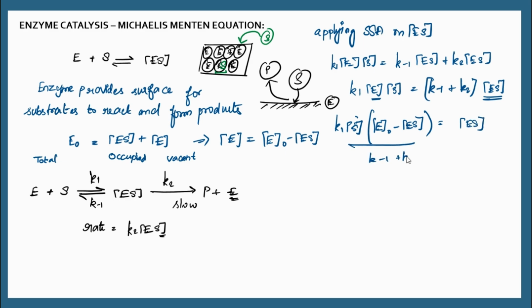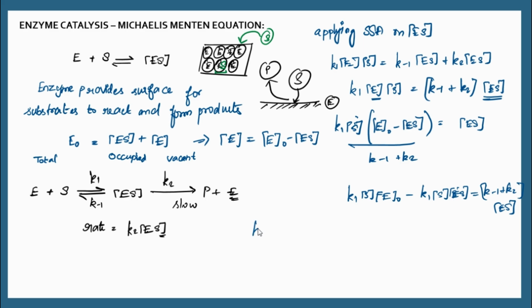Okay, so if you expand this one, this is going to be K1 concentration of S into concentration of E naught, minus K1 concentration of S into concentration of ES. There is a concentration of ES value in here, so we'll take it to the other side itself. So this will be equal to K minus 1 plus K2 into concentration of ES. இப்போ concentration of ES எல்லாம் same side எடுத்துக்குவாங்க.